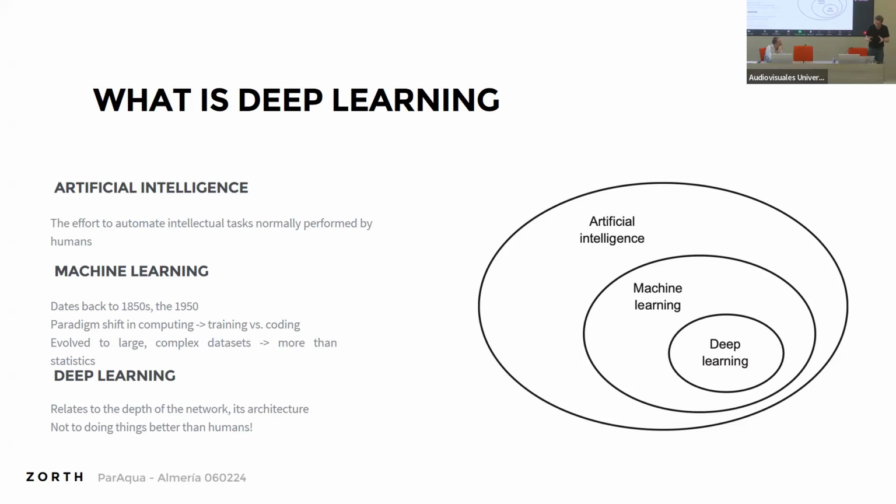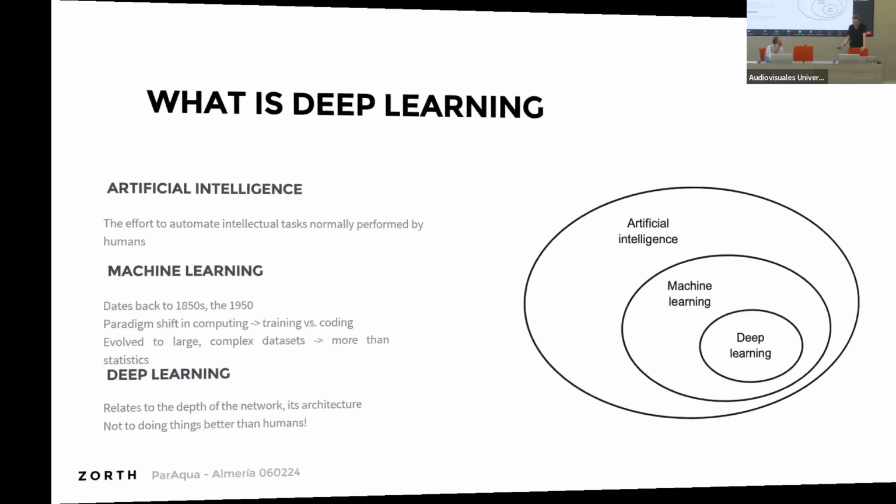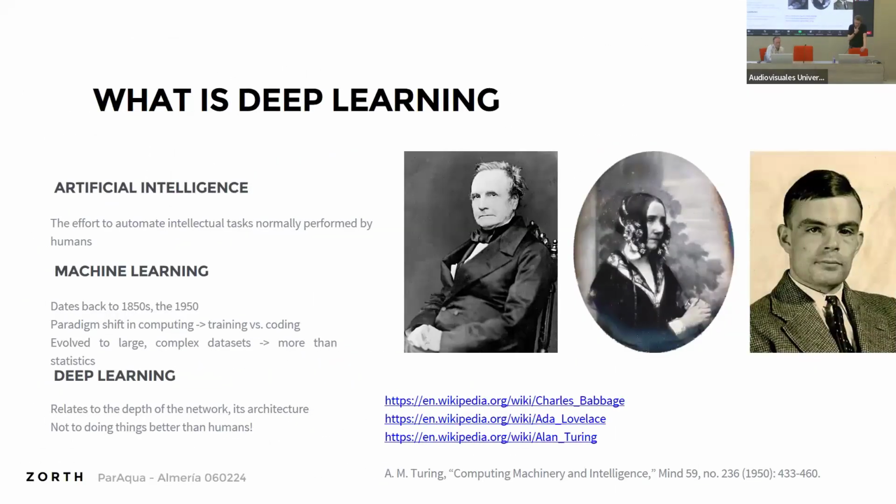Machine learning, funnily enough, when you look for it, dates back to 2 centuries ago, the 1850s. There were two people working together. Charles Babbage, that's the not so nice guy here, decided to make the first computer.